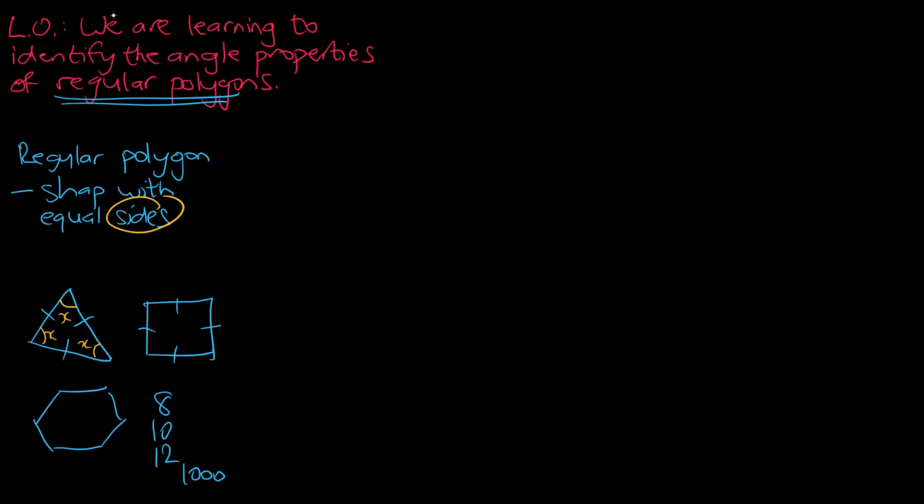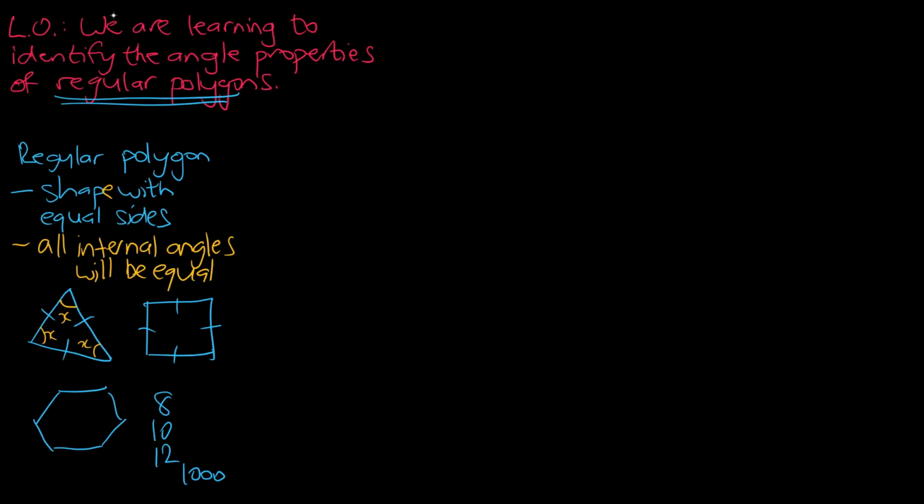If all the sides are equal, in a regular shape all internal angles will be equal. And that's the really important feature of regular polygons that we can use to solve problems with geometry and regular polygons. So let's get into a few examples.